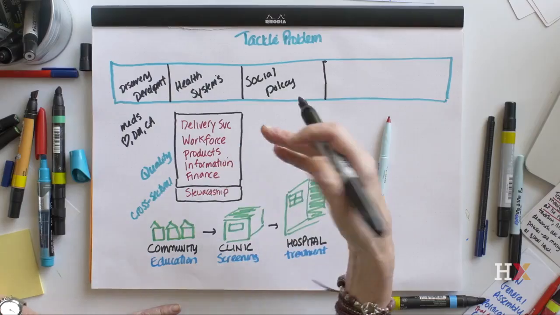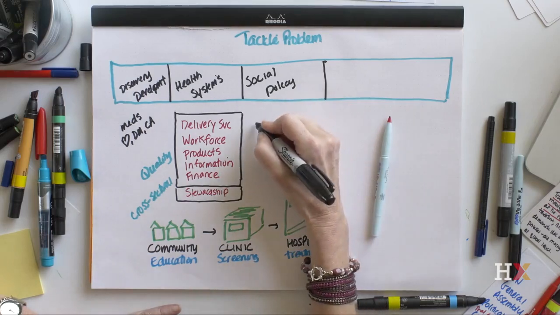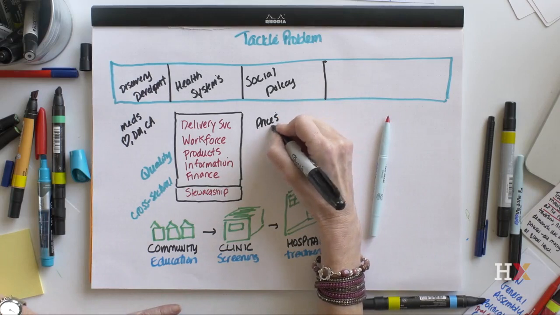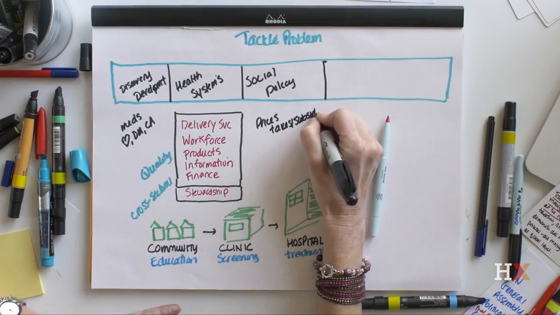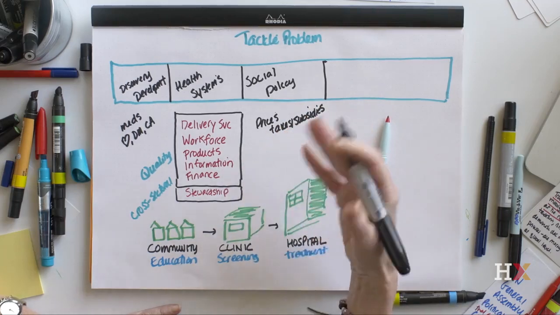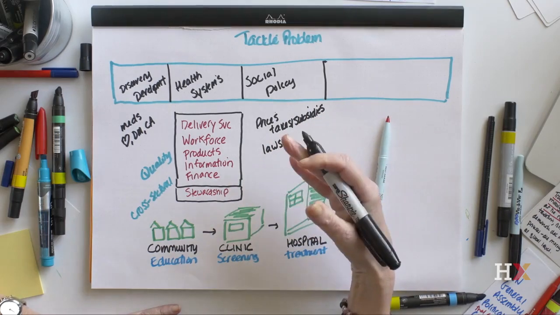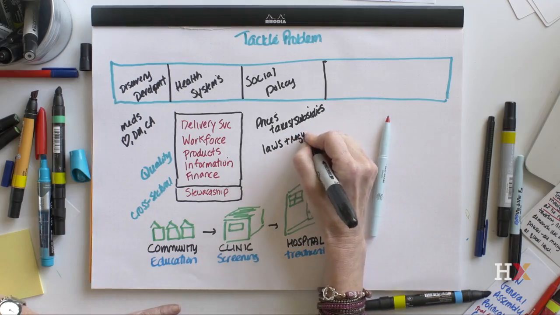So one type of change outside the health sector could be price changes or taxes and subsidies. And that's, of course, not only referring to tobacco, but could be on other unhealthy products. Another type of intervention outside the health sector in this domain might be laws and regulations.